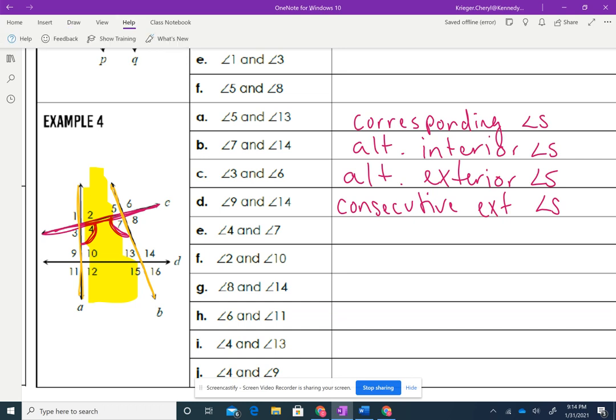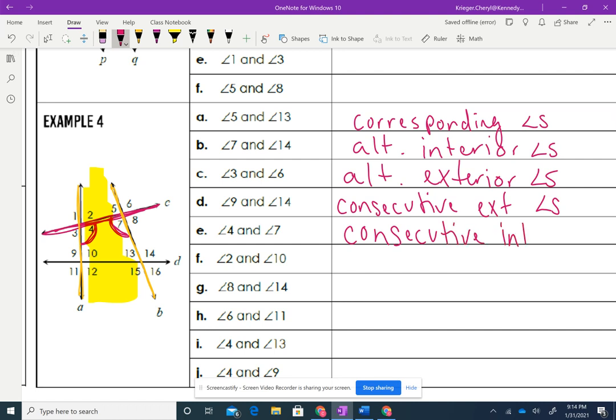They're not crossing the transversal, so I would say this is consecutive interior angles. All right, 2 and 10. Okay, what do they have in common? A, right? They're both on the top and right of their lines. They're both on the right-hand side of the transversal. So this is corresponding angles.